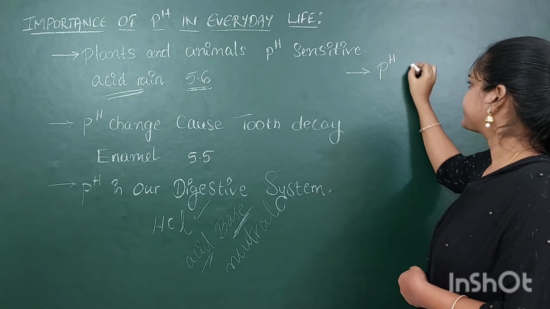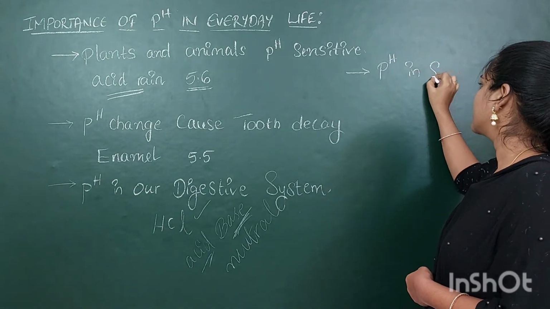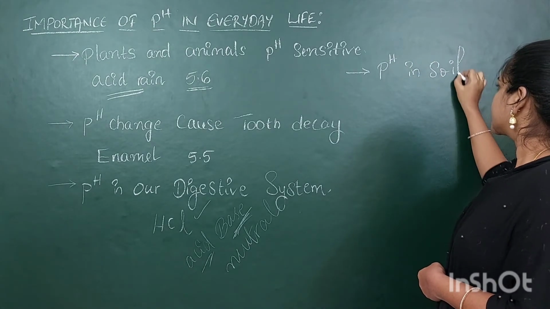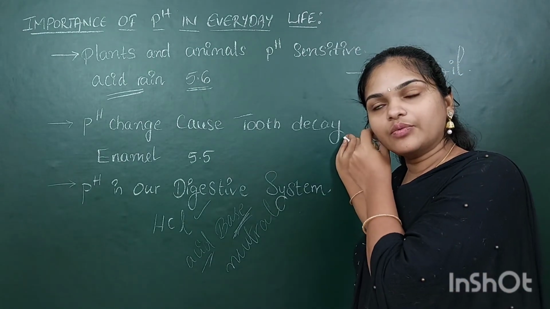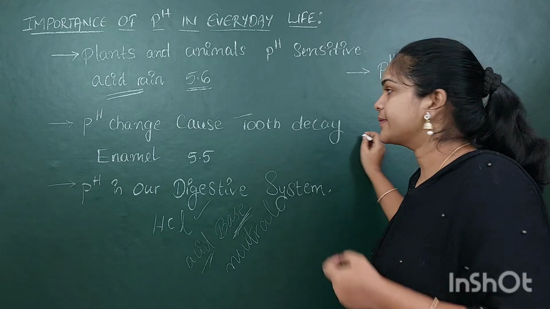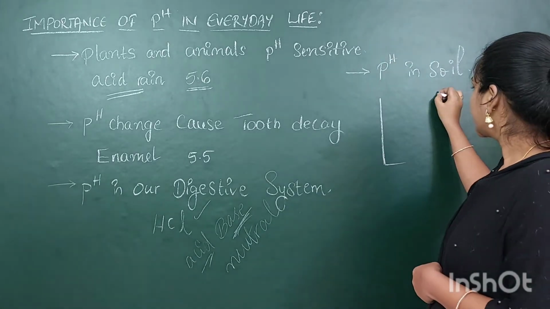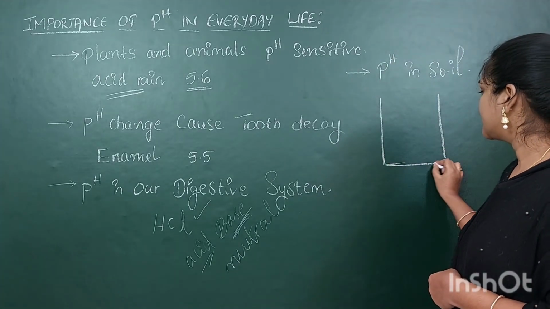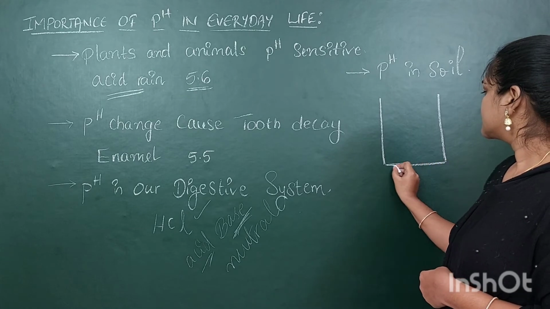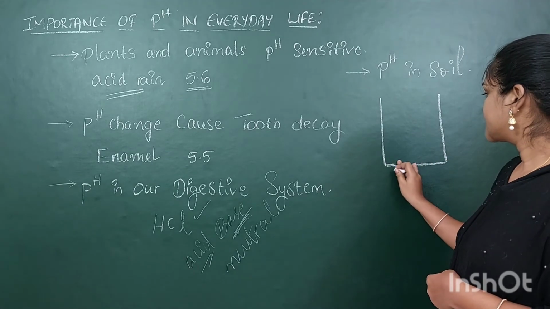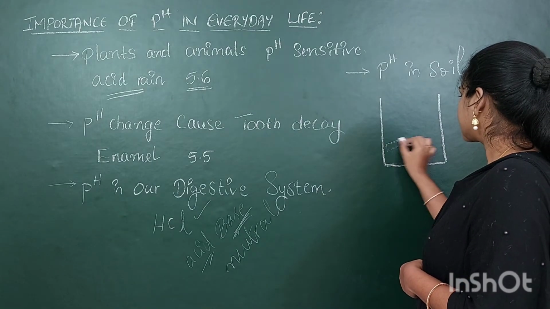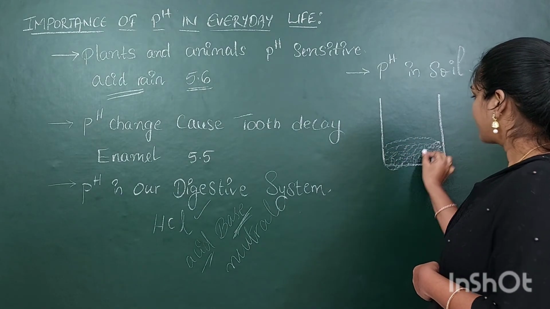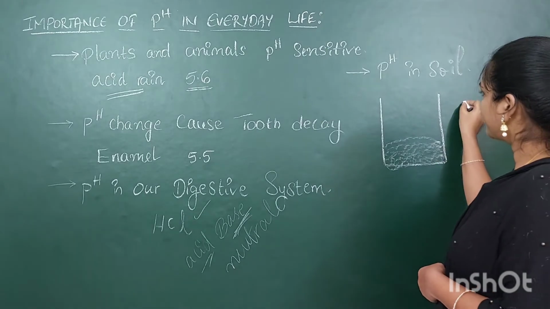pH in soil. How can we know the pH of the soil? Just take a beaker. In that beaker, take some soil and pour some water.